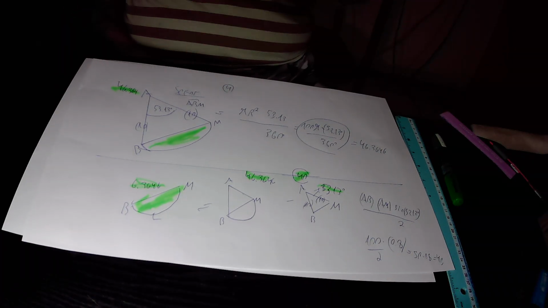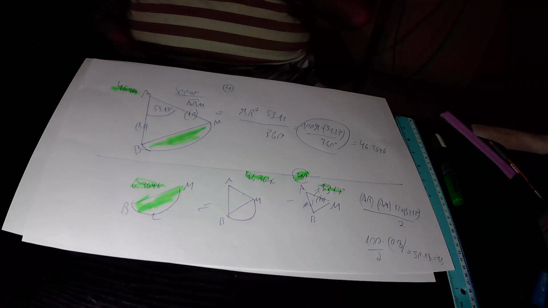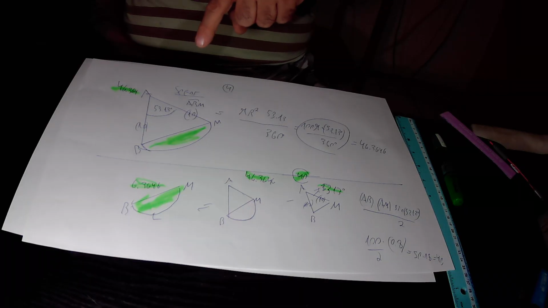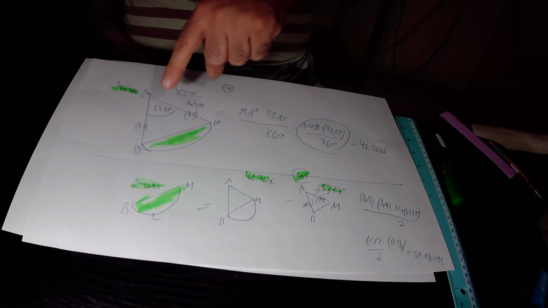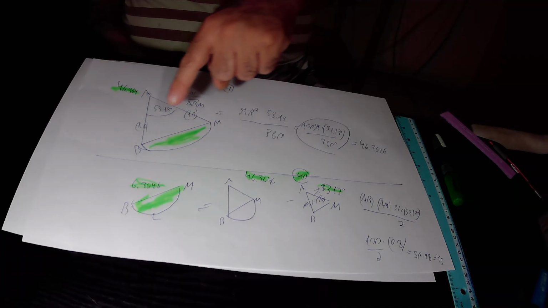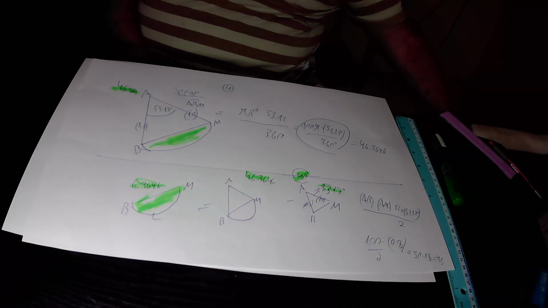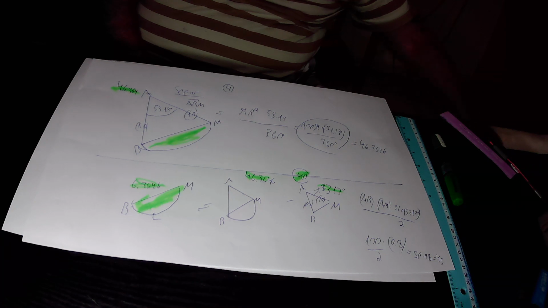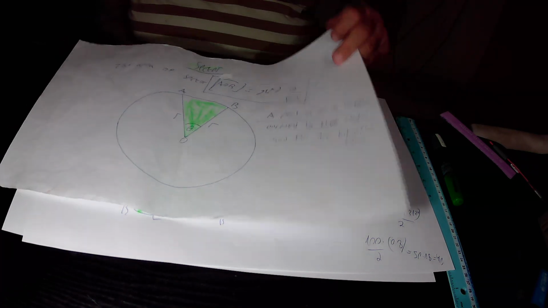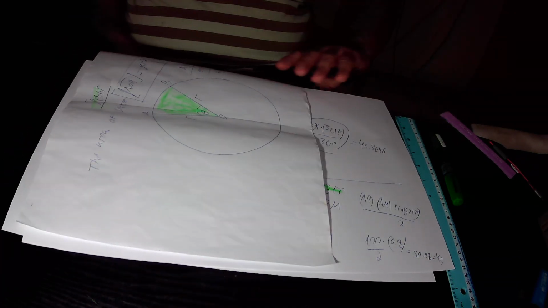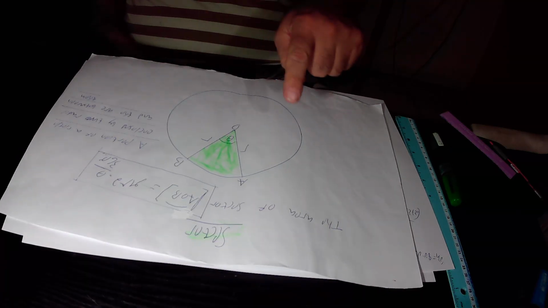So this is sector ABM. What is the definition of a sector? A sector is a portion of a circle enclosed by two radii and the arc between them, arc BM. This is sector AOB.